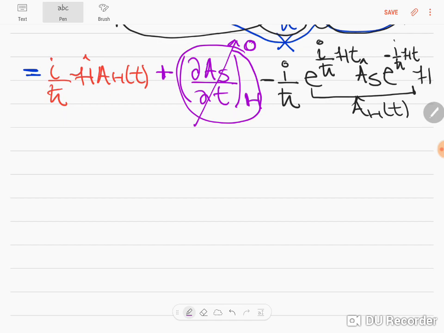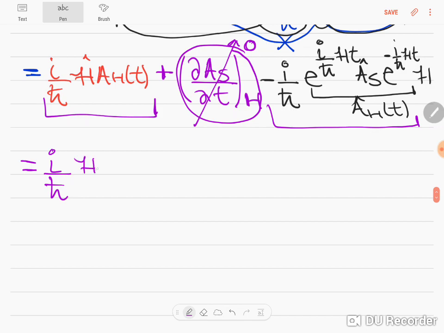But the Heisenberg equation of motion considers this term, so we will leave it there for the meantime. Then we work with the term from the very right and the term from the very left, which is this. So this is equal to i over h bar H times A_H of t.